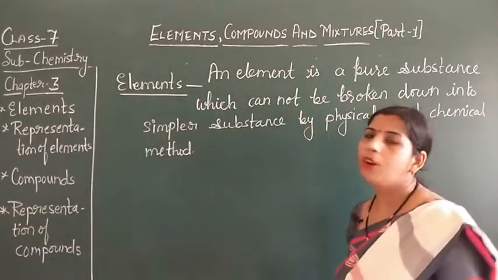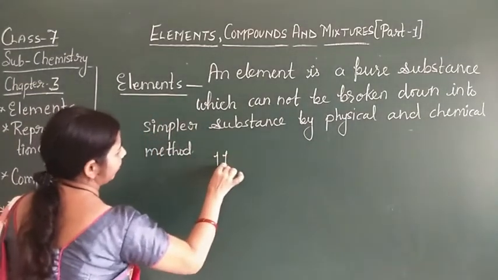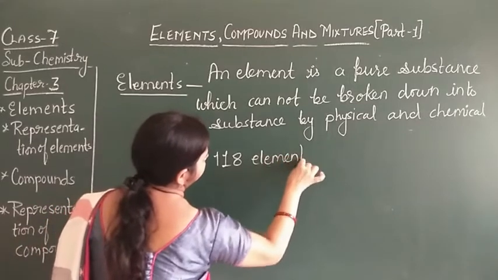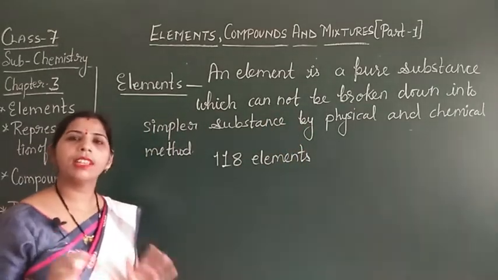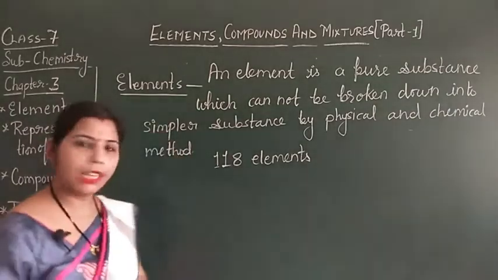Now, till now 118 elements are there. That means whatever things are there, they are made up of these 118 elements.